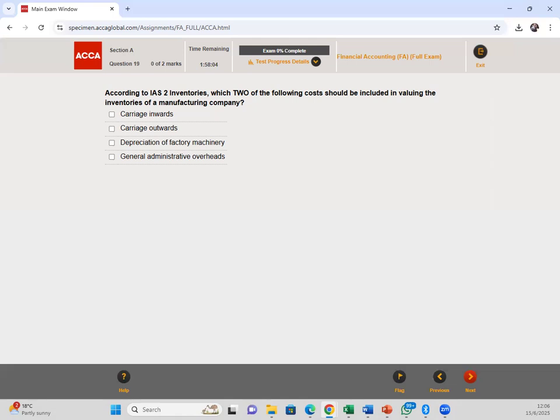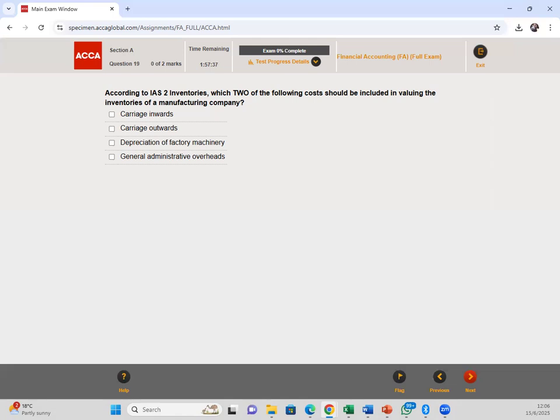So if we are valuing inventory, which two costs qualify to be part of the cost of inventory? In a manufacturing industry, remember, we are producing, and the cost that we have incurred in production does contribute to the value of inventory.